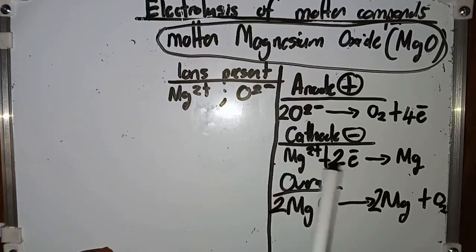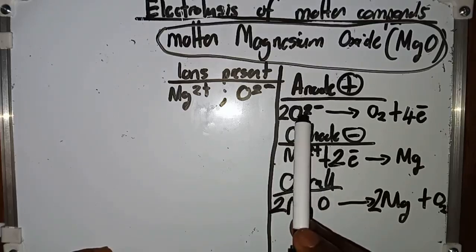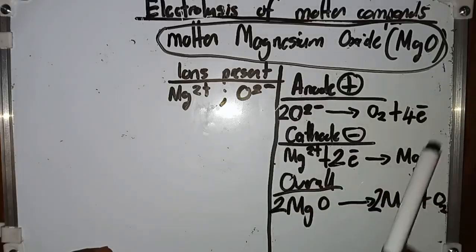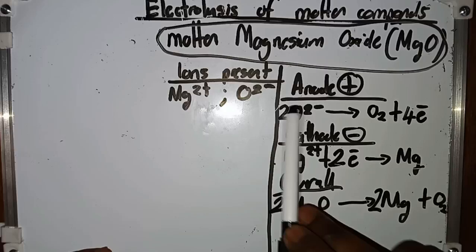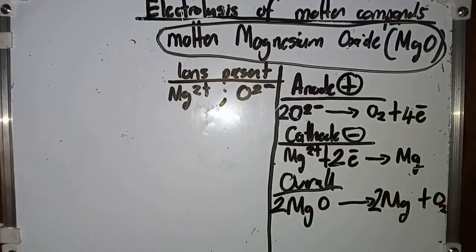After you write the ion, at the other side you write the corresponding element. Here we've got magnesium, here we've got oxygen, and I've shown you how to write the electrons. So that's for molten. Let's go to dilute.